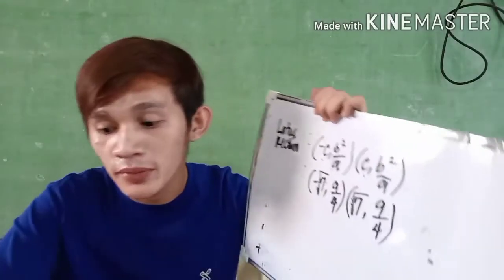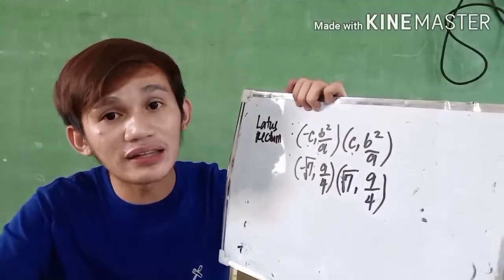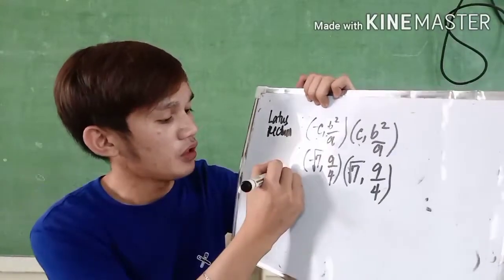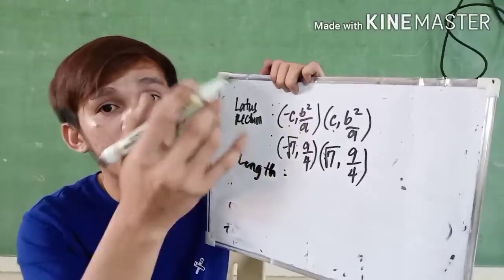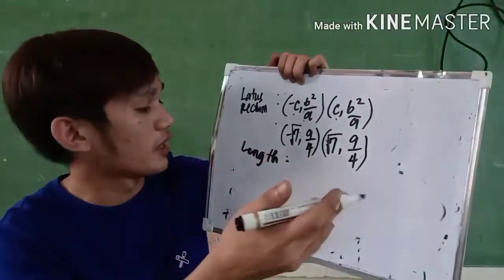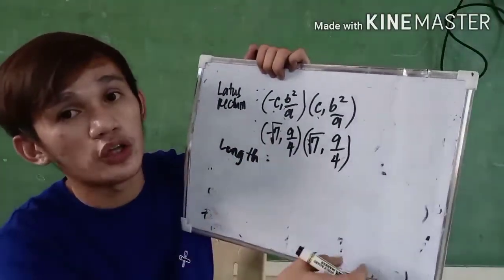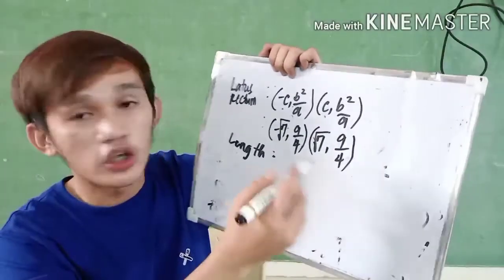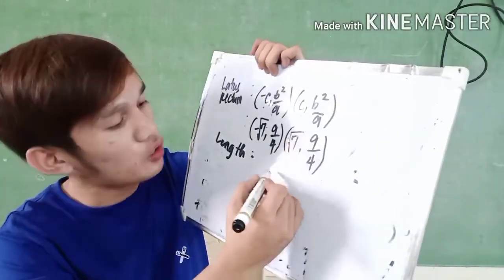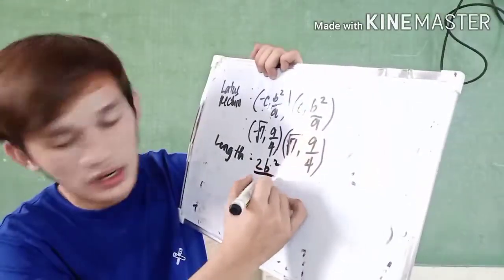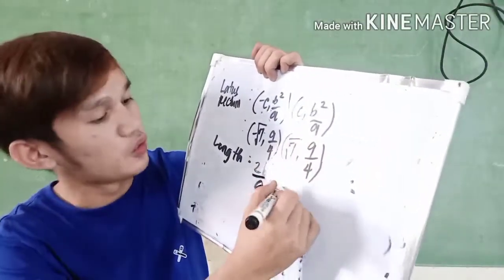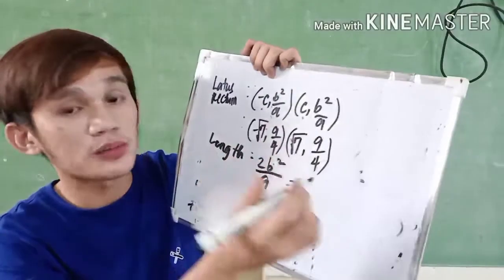So, okay, I will be adding this na din since I mentioned already the latus rectum. Para naman makuha natin yung length ng ating latus rectum, baka meron kayong ma-encounter na ganito, na wherein you're going to find the length ng inyong latus rectum. So you're going to use the formula 2b square over a. So dito sa given natin, you're just going to substitute.